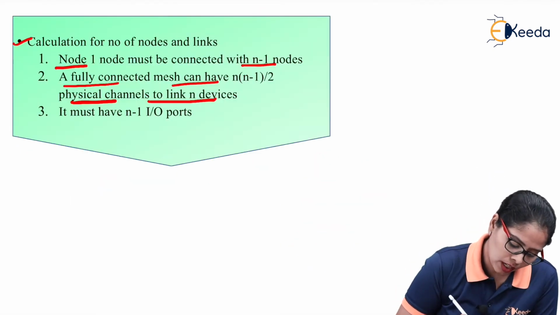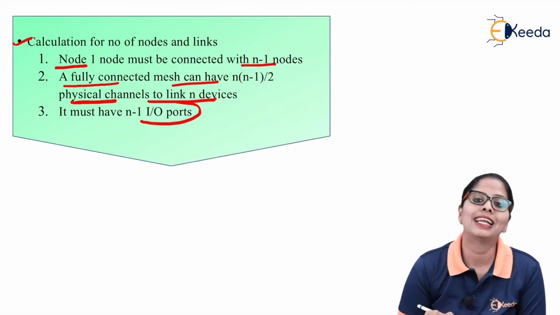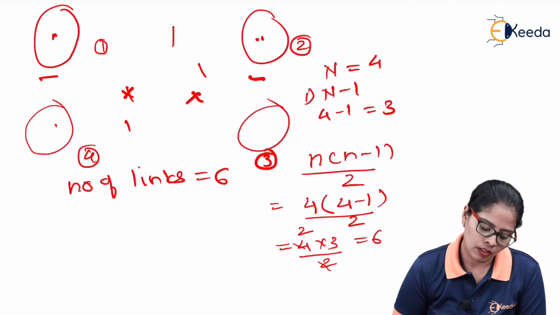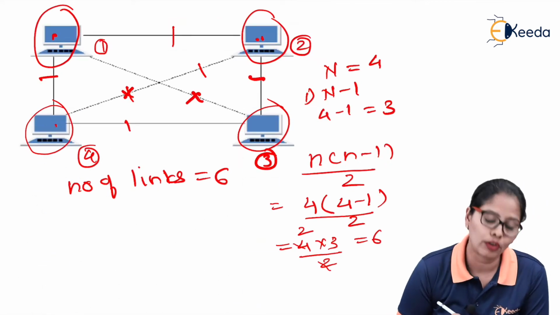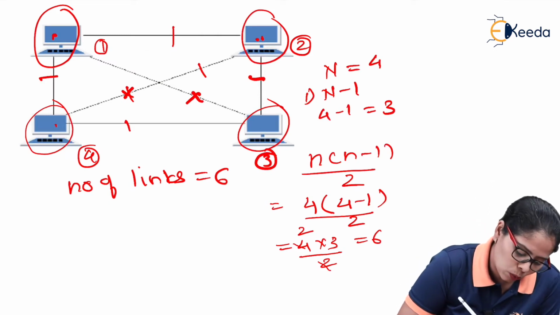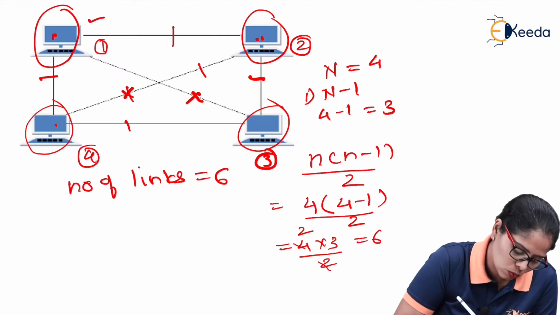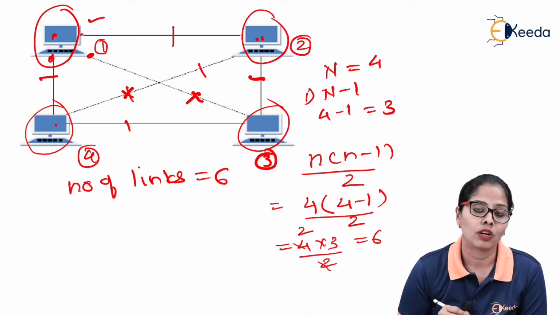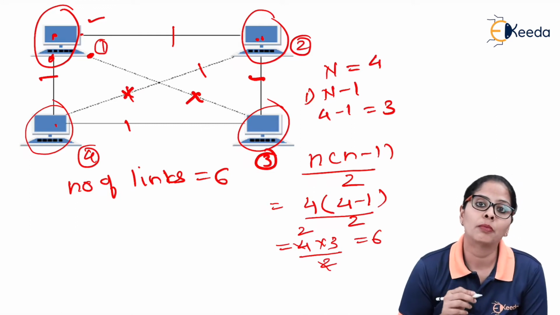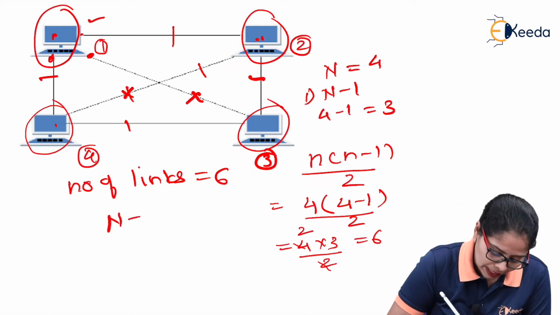Now, how many input and output ports will be there? For that, the formula is n minus 1. Again, the same formula. Here now I want to find out, for PC number 1, how many input and output ports are connected. So this is one port, this is another port, and this is another port. So how many total nodes are there? 4. And to find out the number of input and output ports, the formula is n minus 1.